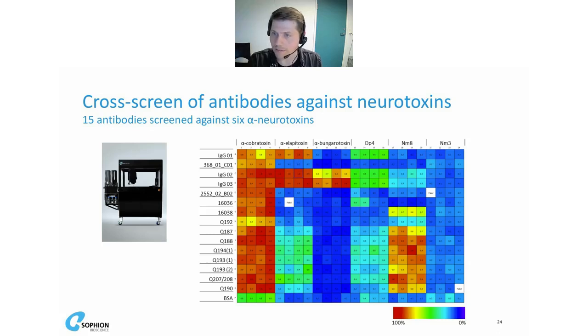And here you see that, for example, these two IgGs have a highly neutralizing effect on one toxin, but only this one toxin, whereas there are other IgGs, like the ones down here, that have a more broad neutralizing capacity, so they are neutralizing several toxins. So this demonstrates that it can be achieved to reach cross-reactivity.